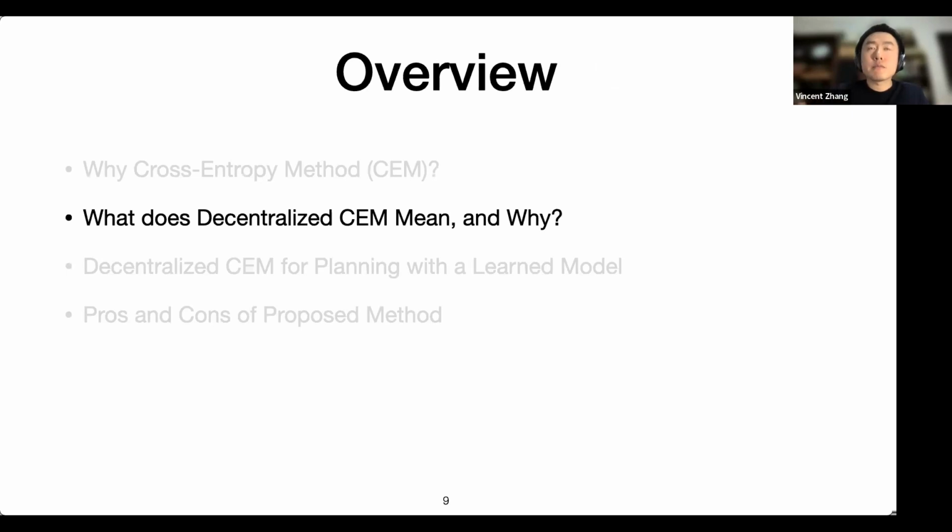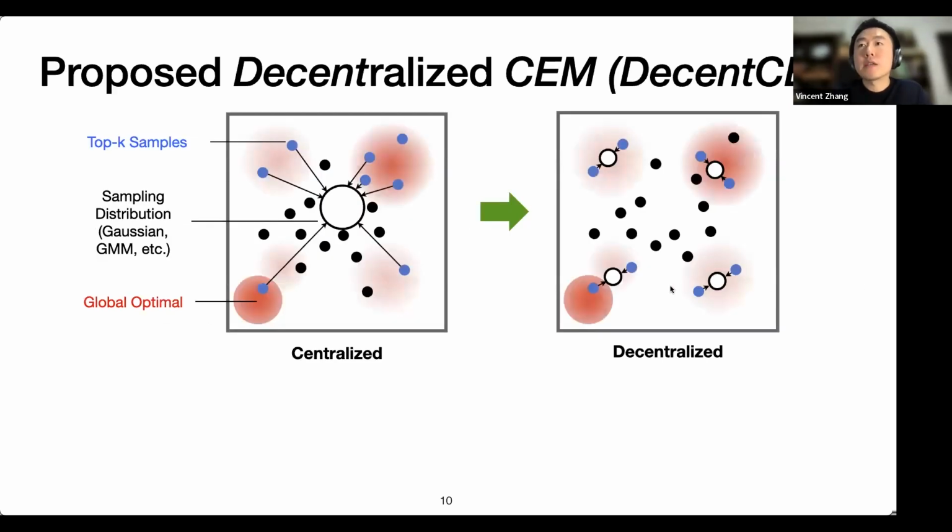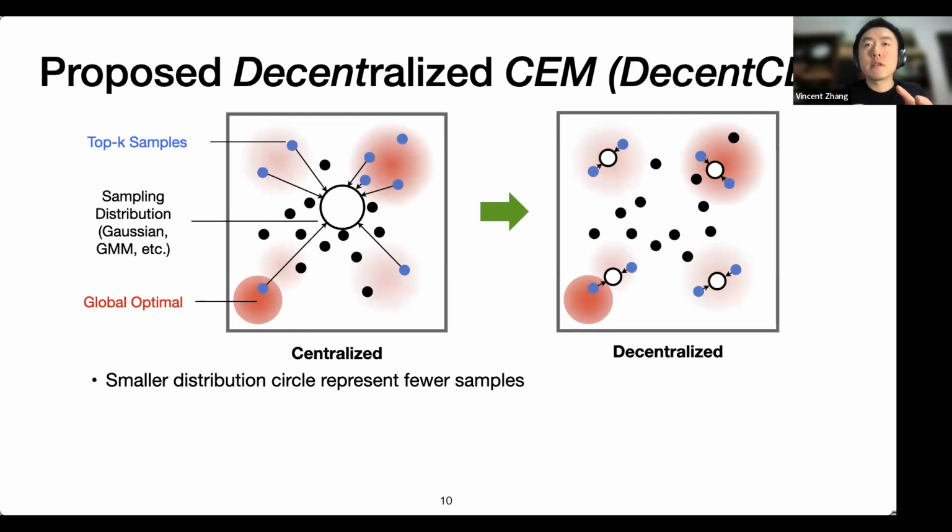So with that, we're into the second part, about this decentralized CEM. It's quite simple. We just take the big circle and break it down into smaller circles. It's really that. The smaller circle size represents fewer samples.